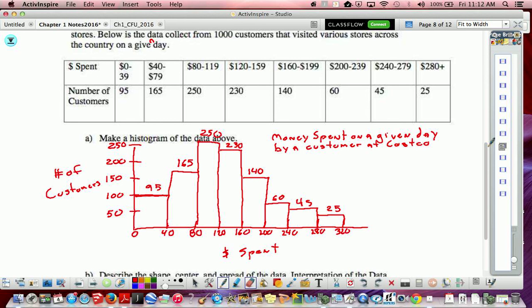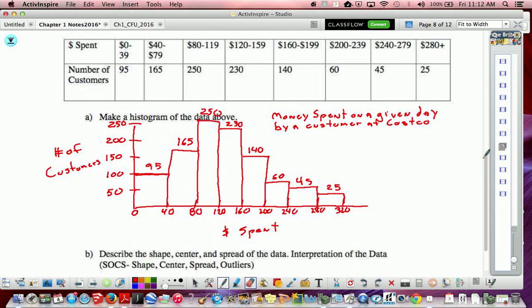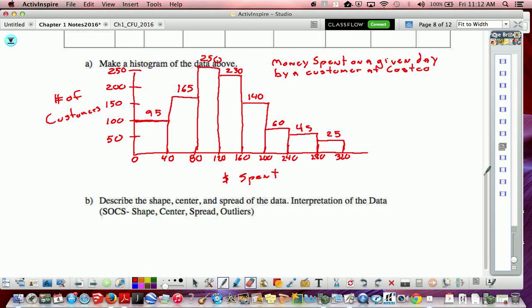So, let's look at the distribution here. And what I love about histograms, it's even easier to see what the shape of the distribution is. Because what you can do is just start to draw. If you were to describe the skewness of this, what would you say? Yeah.